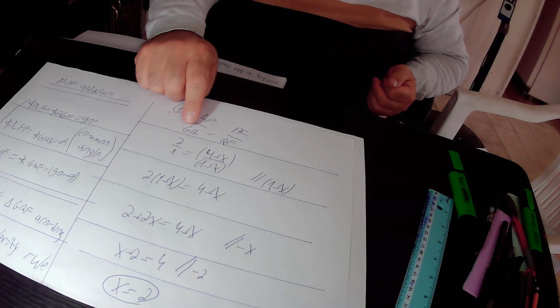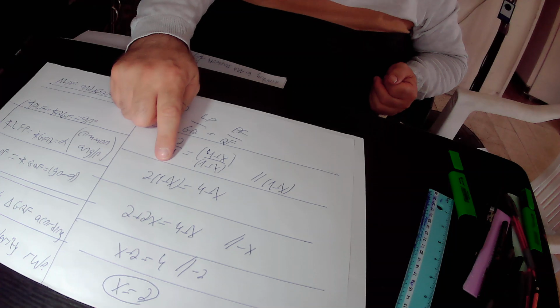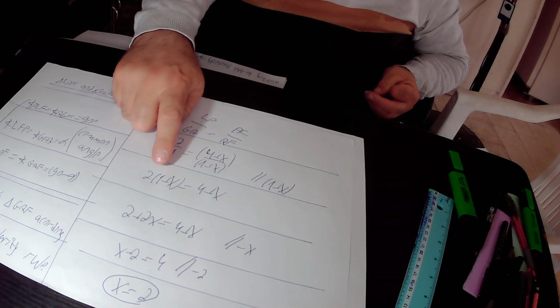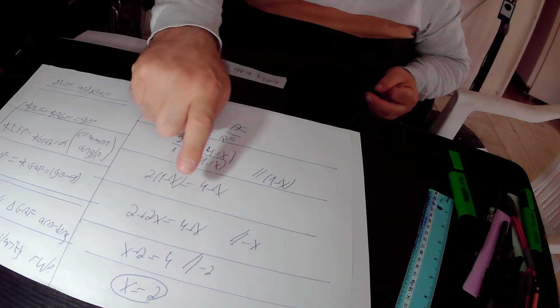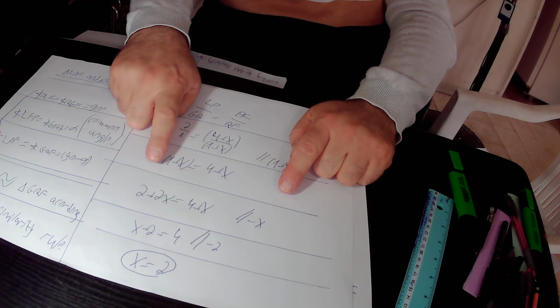Here we multiply this equation by 1 plus x, and we have found out that 2 times 1 plus x equals 4 plus x. Here we open the brackets on this side of the equation and find out that 2 times 1 is 2, plus 2x equals 4 plus x. Here we subtract x from this equation.